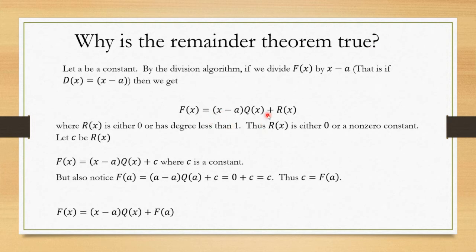So this is saying that r of x, as I have here, is either going to be identically 0 or be a polynomial of degree 0. In other words, r of x is going to be a constant. That's what we're basically saying. I'm calling that constant c. And using this equation, we can actually figure out what that constant is. Just replace x by a, as you can see. That's what I'm trying to show you.